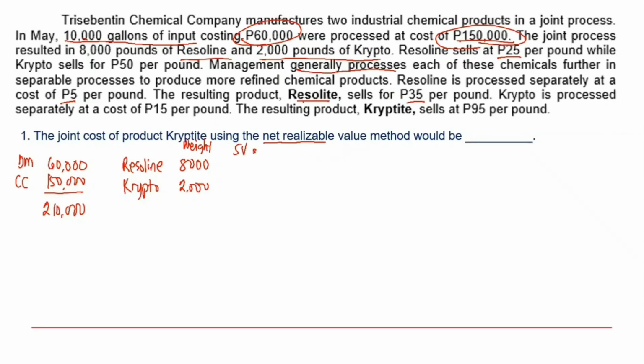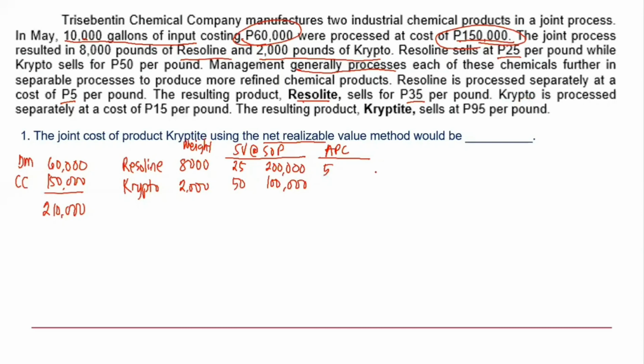So sales value at split off point, magkano si Resolene? 25, si crypto 50. Lagyan lang natin ng unit selling price at saka total. So 8,000 times 25, that's 200,000. Ito naman ay 100,000, ba? Yan. Tapos additional processing cost, magkano? 5 pesos kay Resolene.